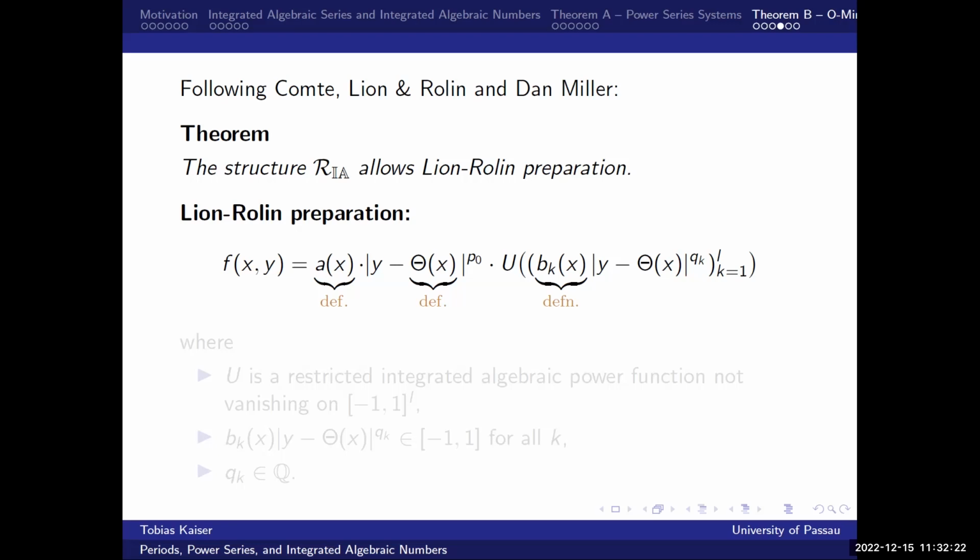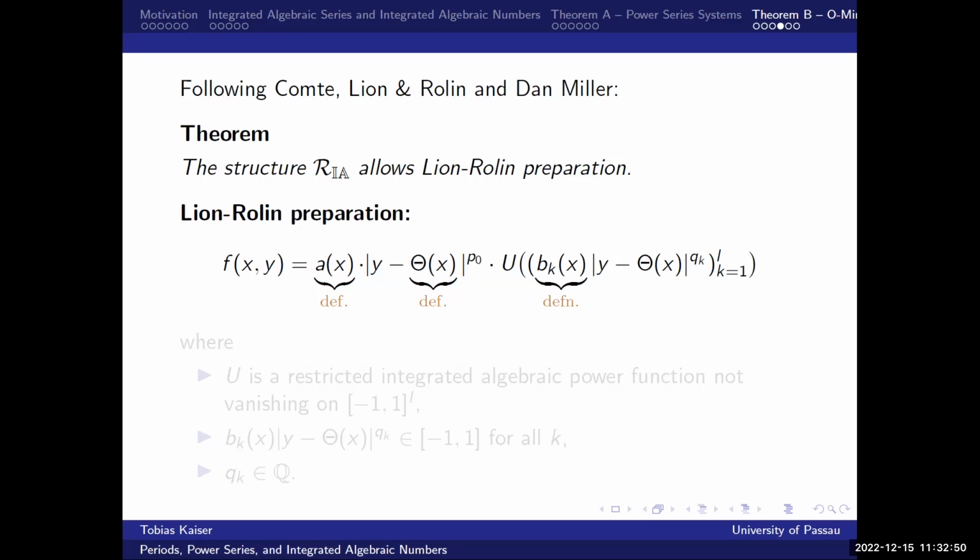In Weierstrass preparation, we have something with powers of y. Here you need a little bit of coordinate substitution. So I take this translation, y minus theta of x, where theta only depends on the first variables.